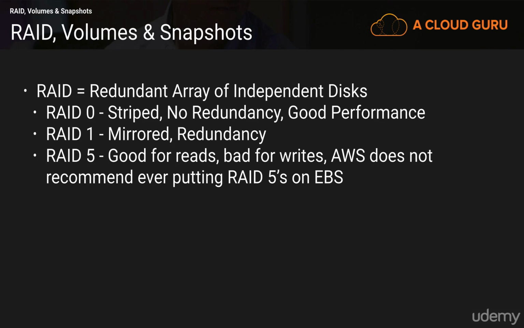RAID 5s essentially are spread across multiple disks and you're writing a parity. Parity is basically a checksum. So if one of those disks fails, you can rebuild the RAID array using a checksum, and that's just a mathematical formula which tells you what the missing data is. So RAID 5s are good in the real world, but you do not typically use them on AWS.